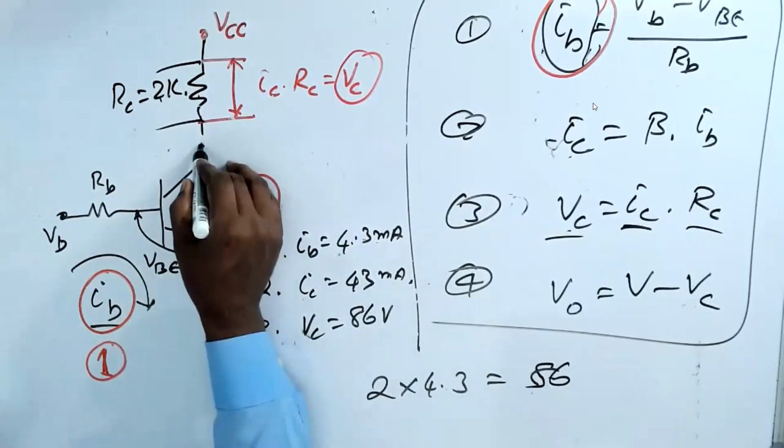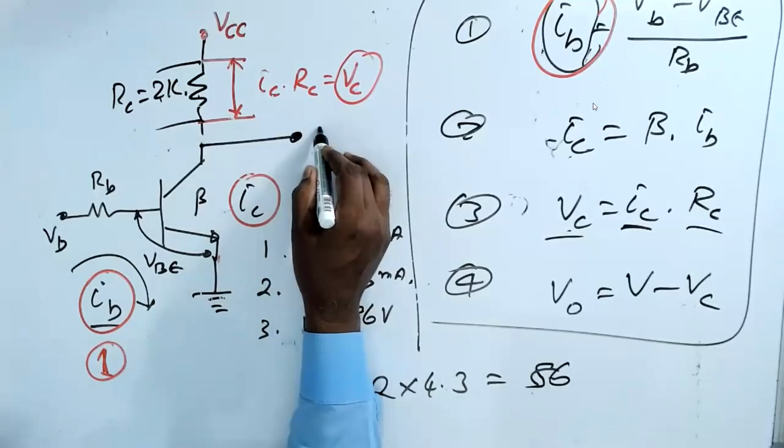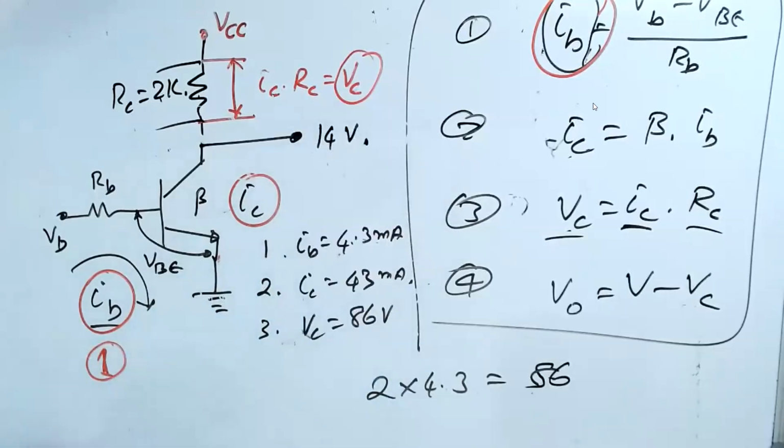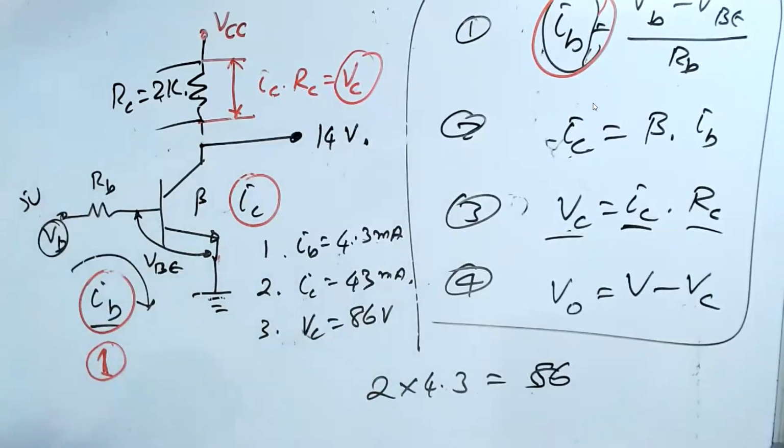So you get here how many volts? 14 volts. V naught. If you apply here, VB is 5 volt and RB is 1K. This is what we calculate.